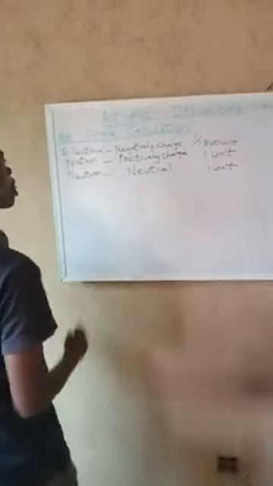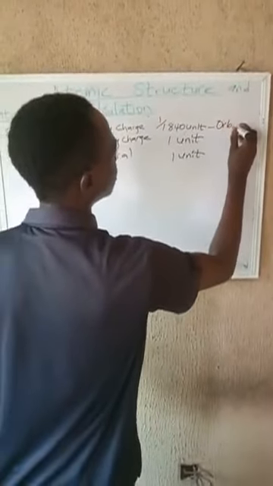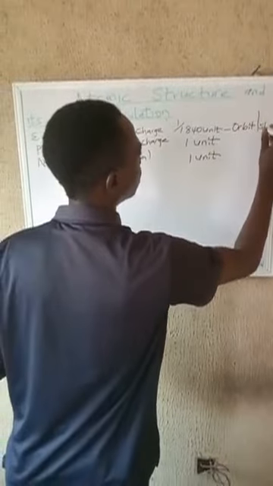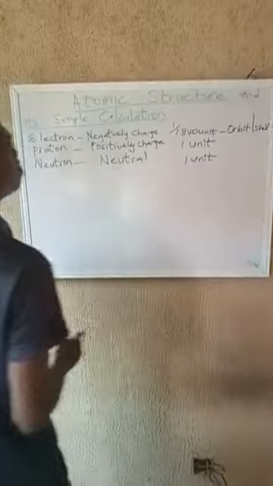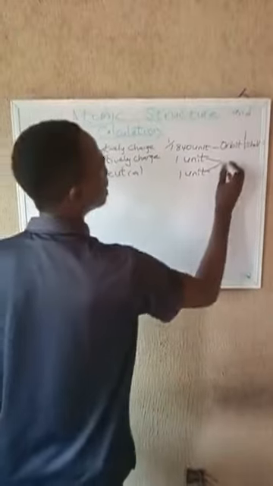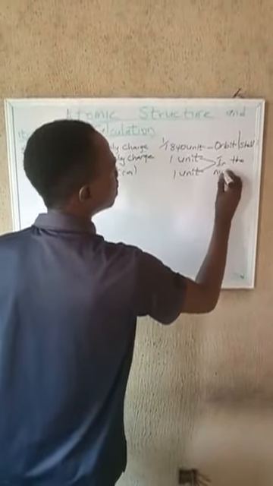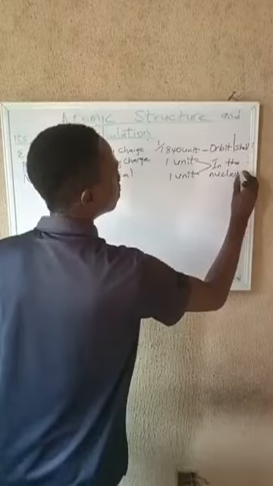The electron is located at the orbit, or you call it the shell, of an atom. The proton and the neutron are both located in the nucleus of an atom.